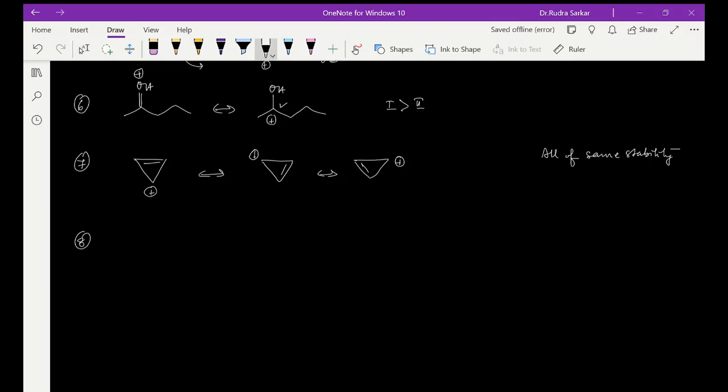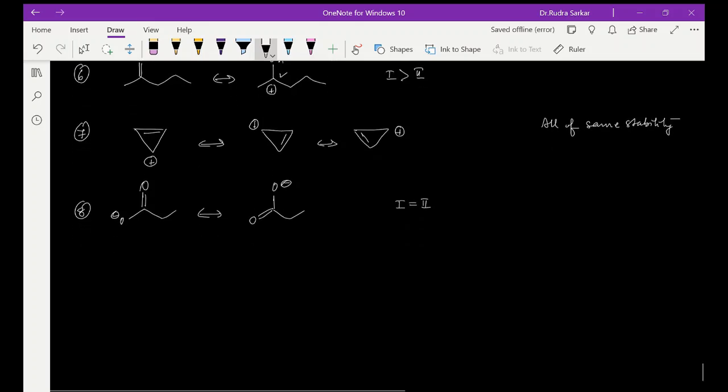In 8, here 1 is equal to 2. That means they are equivalent structures.